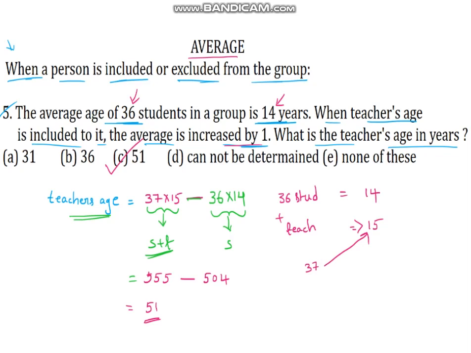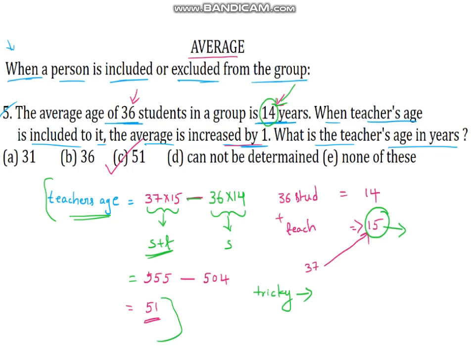Here, friends, there is no need to write all these things in the exam. We have one tricky method. The tricky method is: when the teacher is included, the average increases by 1. So the average of the teacher plus students is 15 years.